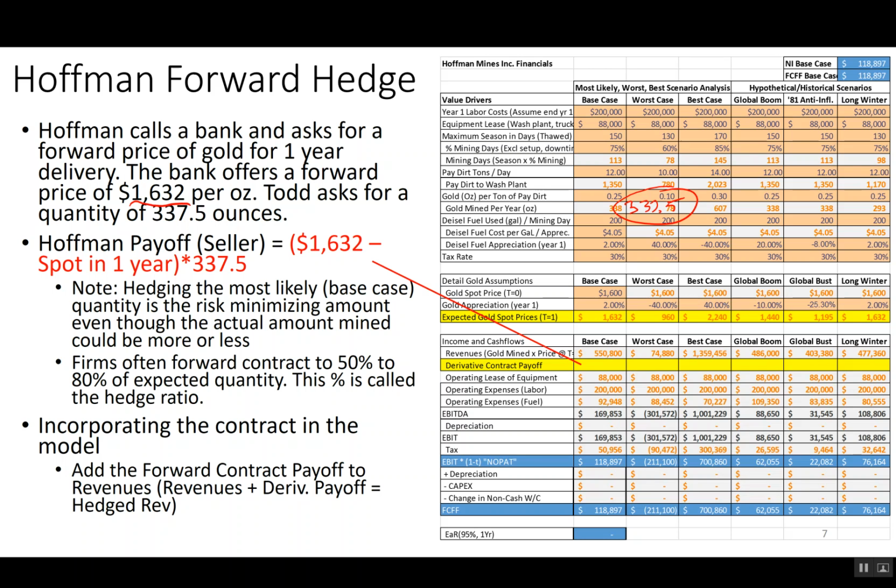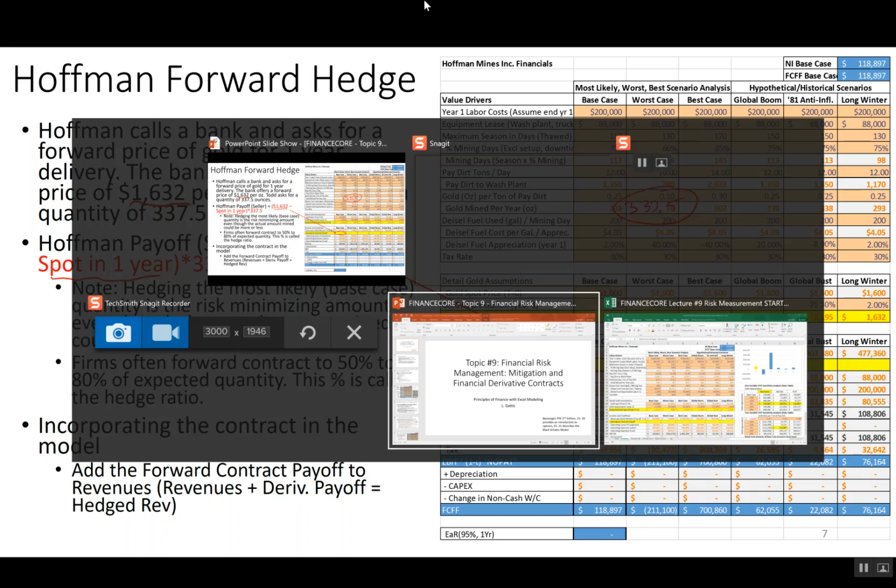The net effect's the same. So that's as if Todd has this cash settlement contract whose payoff is the forward price $1,632 minus whatever the price turns out to be next year times 337.5. So what we're going to do is enter that into our model, and we're going to see how that affects our model. So I'm going to go to our Excel file.